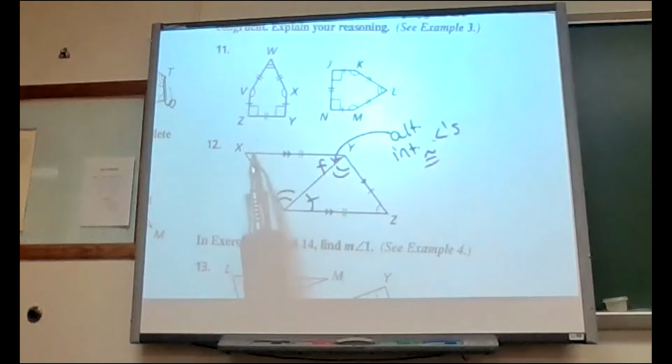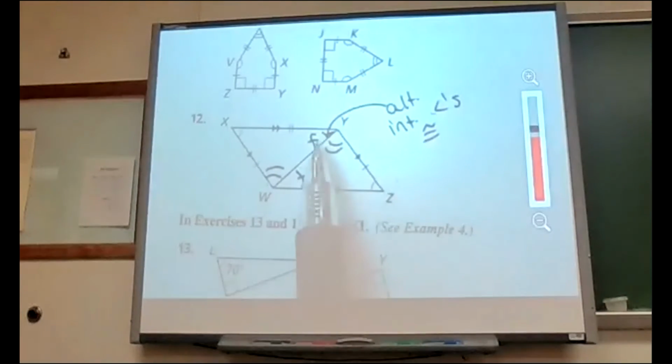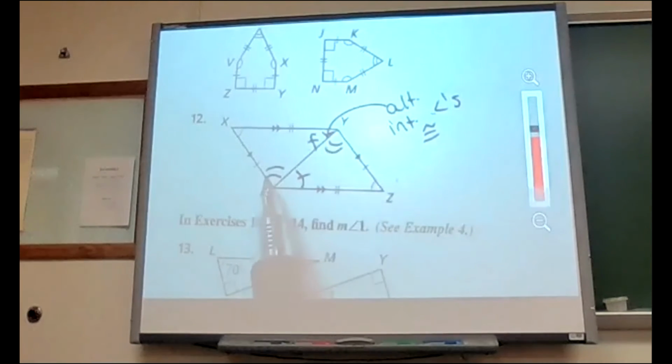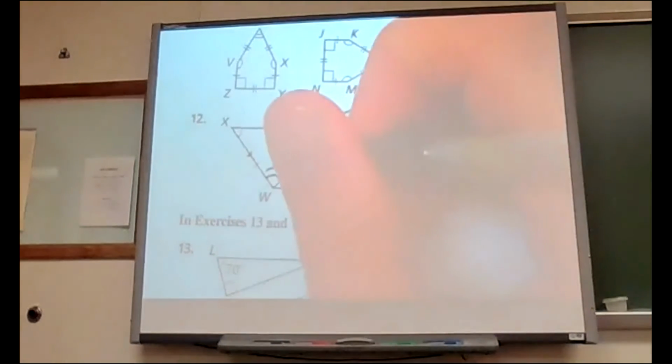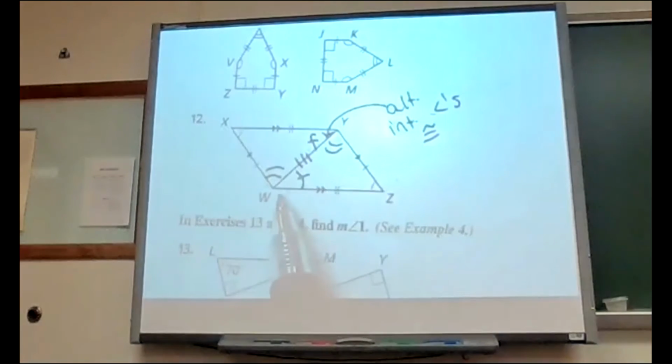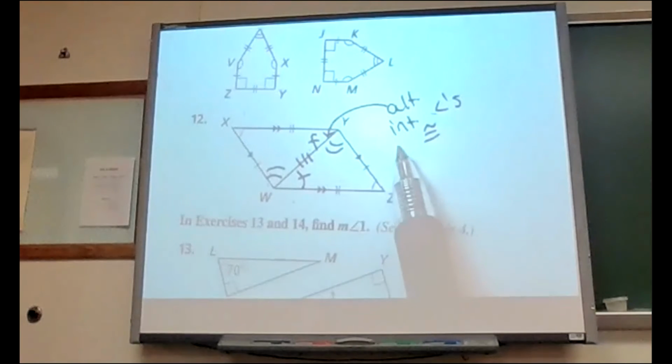So that would mean that all three of these angles would be the same. Okay. Because this angle would match this one, this angle would match that one. And then they're sharing this length. So they both have this length in the middle. So we can see all sides are the same, all angles are the same. So this triangle is congruent to this triangle, okay, and that's the explain your reasoning.